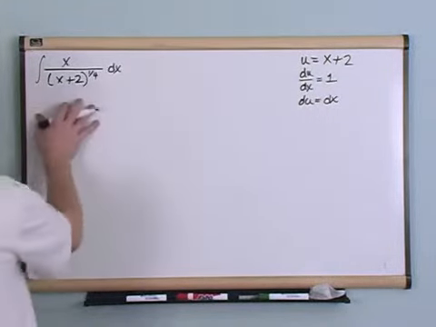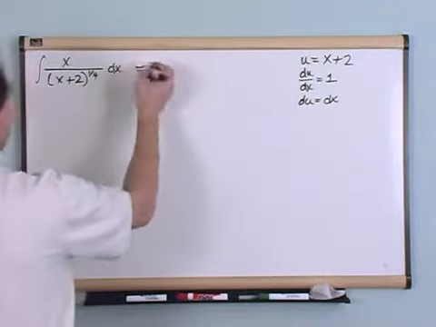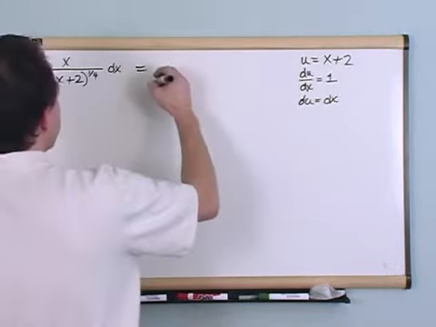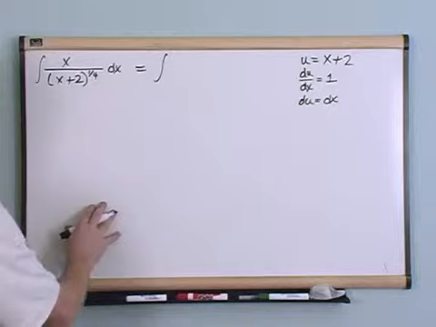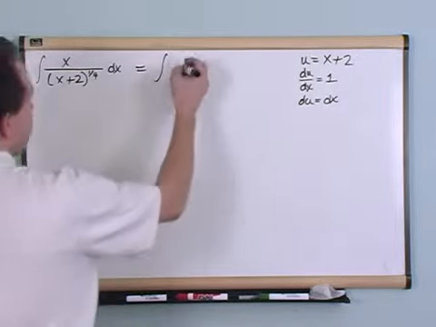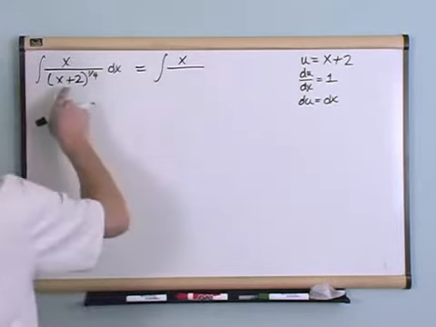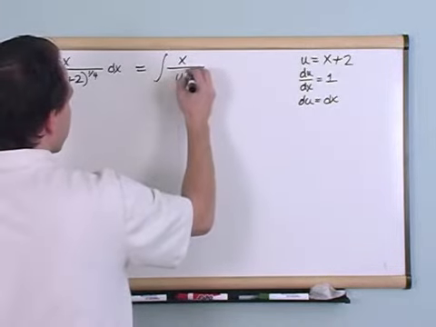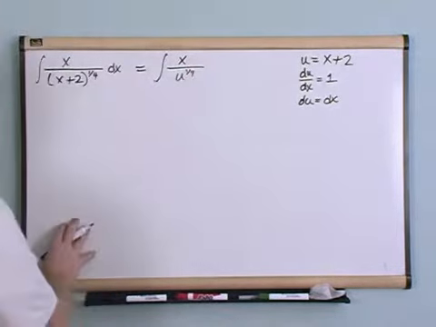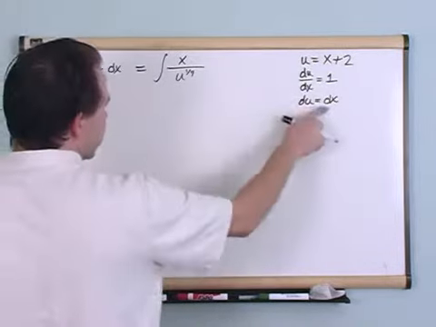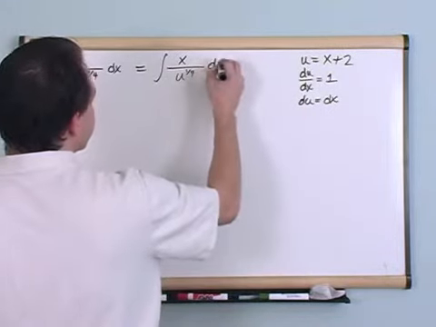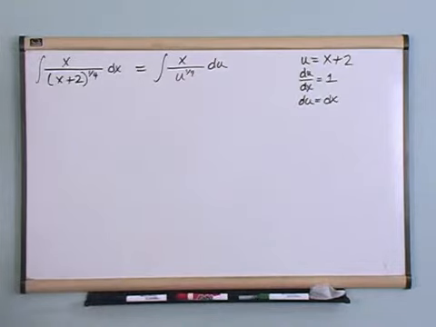Let's go ahead and try to rewrite this integral, and I'm going to do it over here next to it. I'm going to say the integral of x over u, where u is x plus 2, to the 1/4 power, like this. And then dx, dx is du, so I'm going to put du. Now, we've run into a problem.